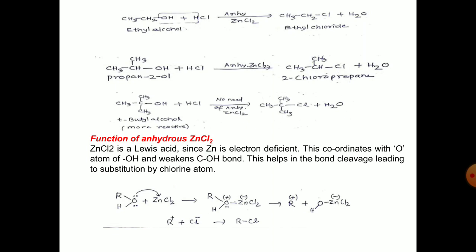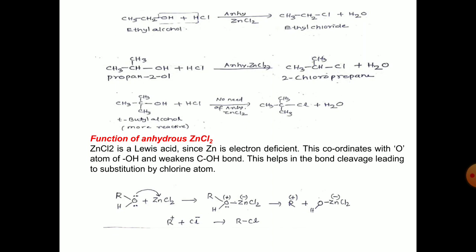What is formed? R-O(+)H-Zn(-)Cl2. The bond between R and O is broken because this RO bond is weakened. So it becomes R plus and HO-ZnCl2 minus. R plus with Cl minus, which is formed from HCl, will give RCl.